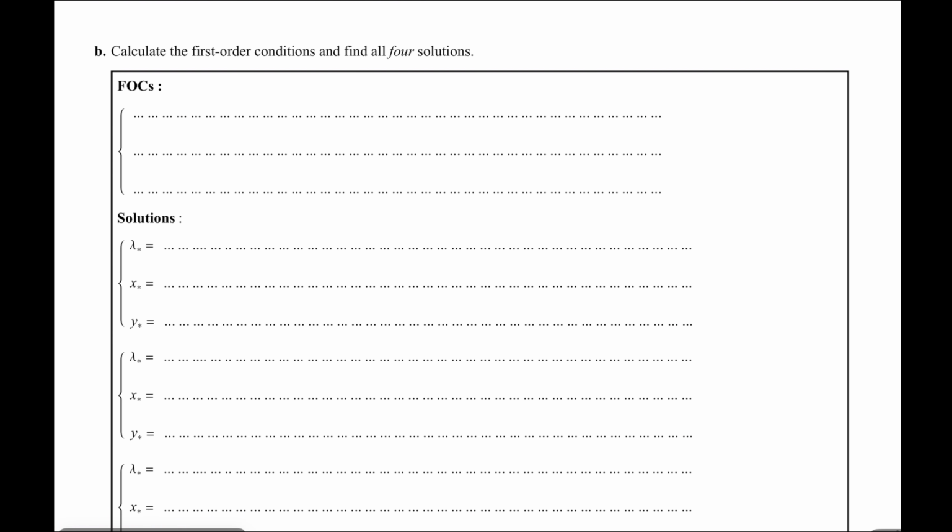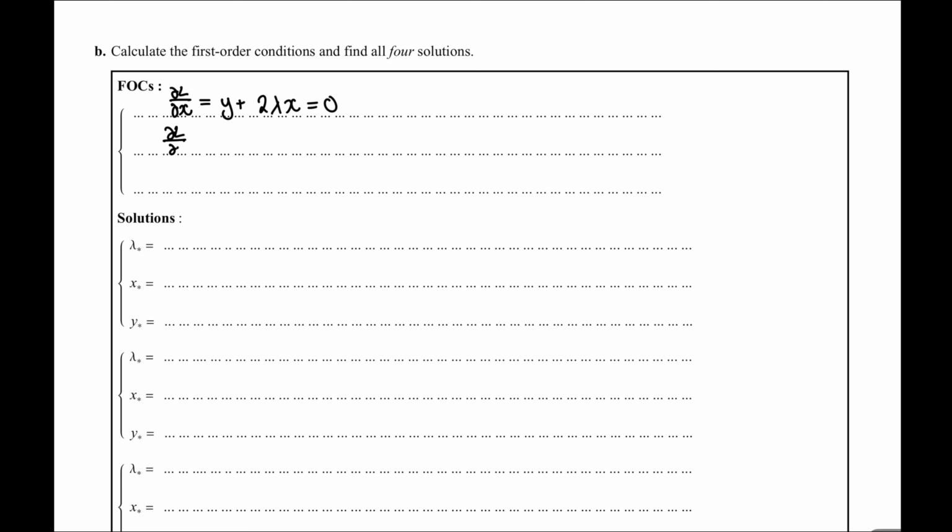If we now move on to the first order conditions, we differentiate the Lagrangian partially with respect to x, and we get y plus 2 lambda x is equal to 0.